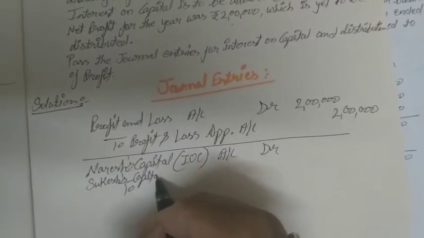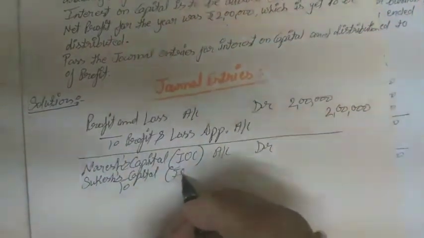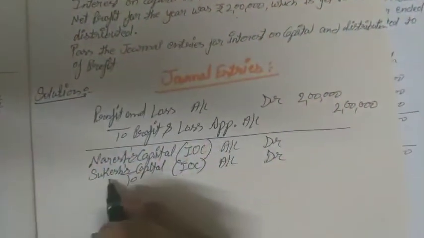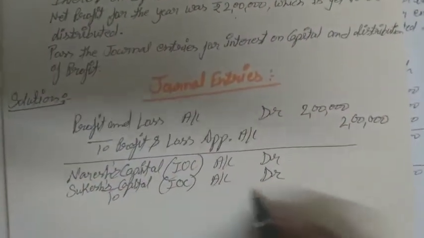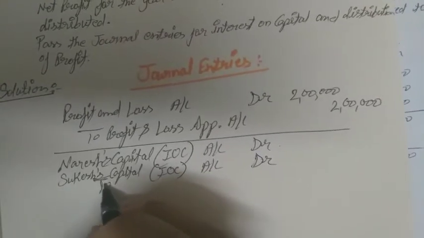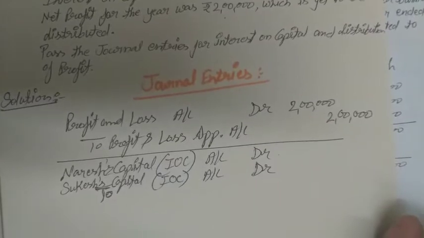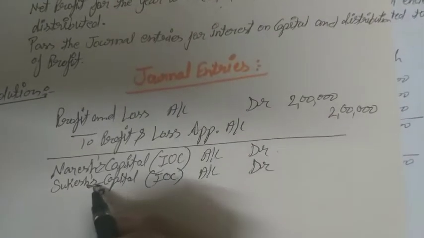Why is it capital? Because it is the fluctuating capital account method. So Sukesh capital, IOC account debit, it is transferred to Sukesh capital.